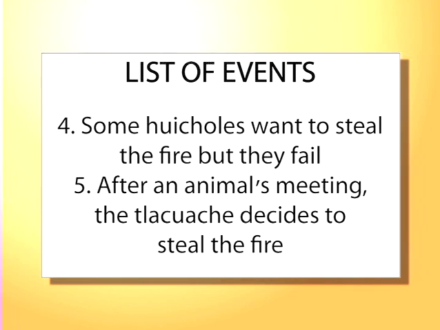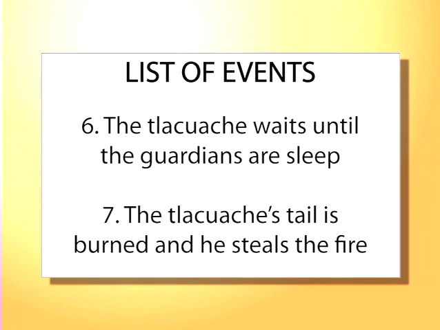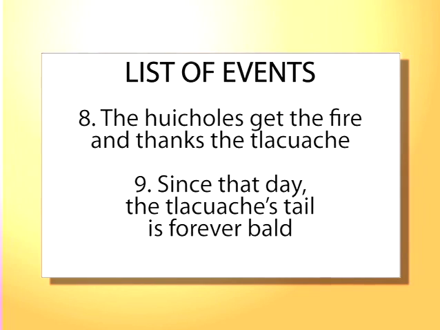After an animals meeting, the tlacuache decides to steal the fire. The tlacuache waits until the guardians are asleep. The tlacuache's tail is burned, and he steals the fire. The huicholes get the fire and thank the tlacuache. Since that day, the tlacuache's tail is forever bald.